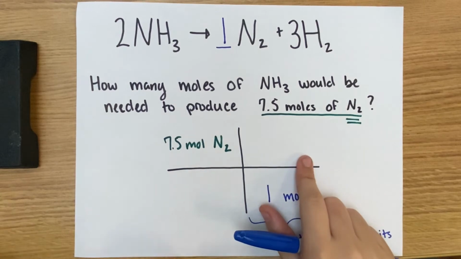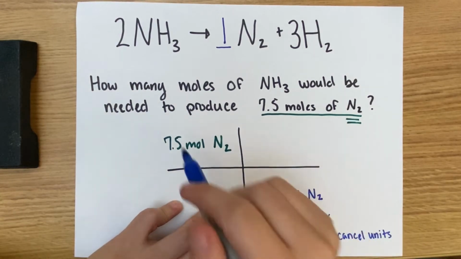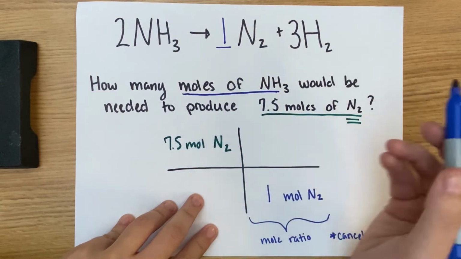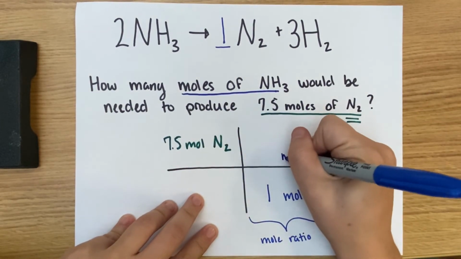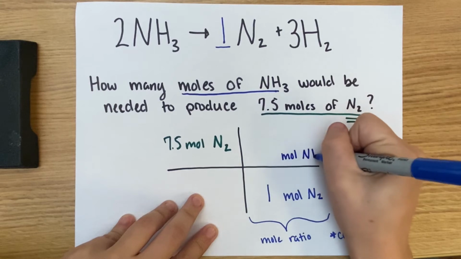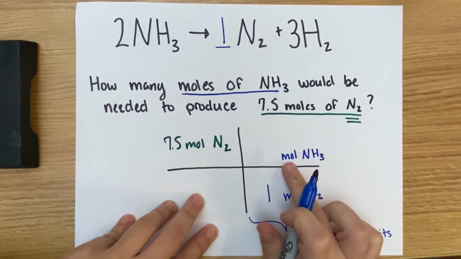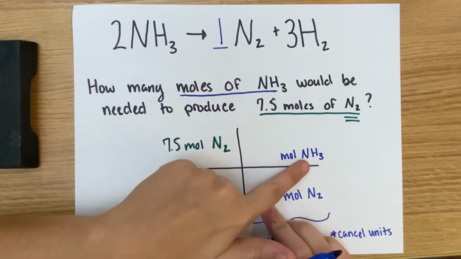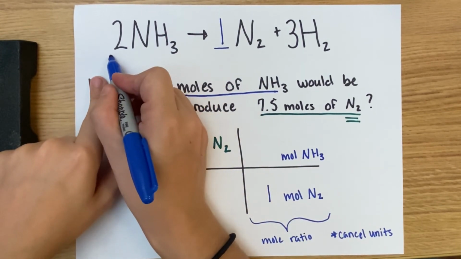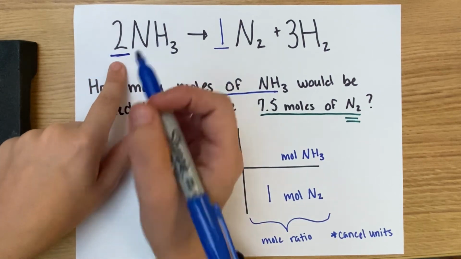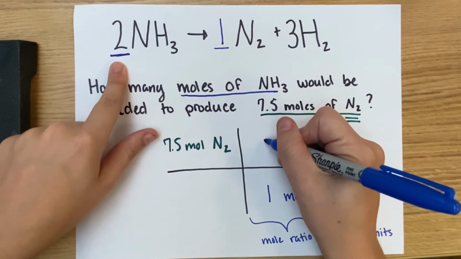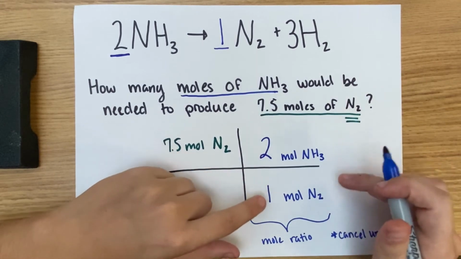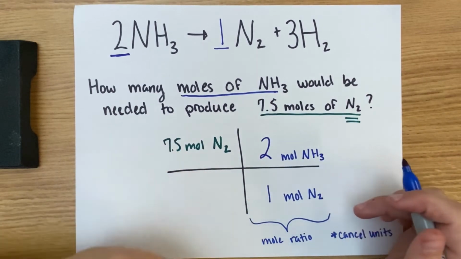On the top is always what we're trying to find, and in this case it wants to know how many moles of NH3. So my top units are going to be moles of NH3, and again I'm going to get my number from the balanced chemical reaction. NH3 is right here and the coefficient is 2. So that means our mole ratio is going to be 2 moles of NH3 to 1 mole of N2.